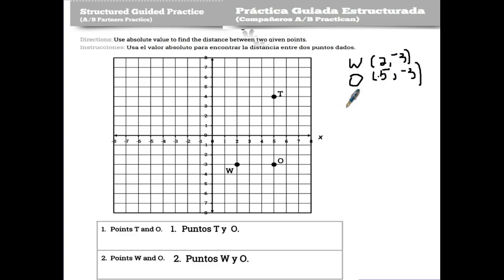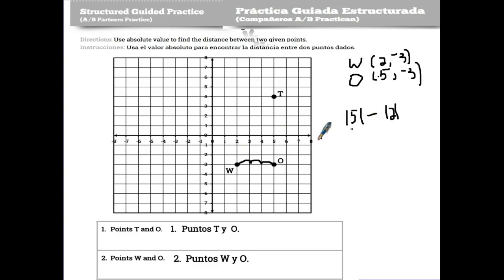But before I determine that, I'm going to count the distance, and I'm going to count 1, 2, 3. So now I'm going to take the absolute value of 5 and the absolute value of 2, and these are both in the same quadrant.